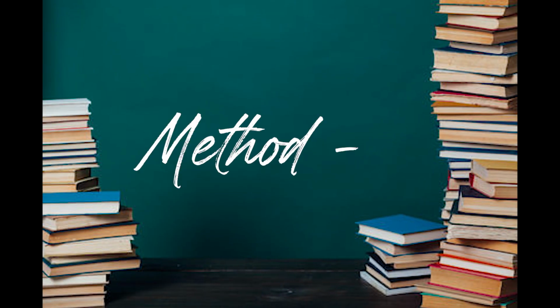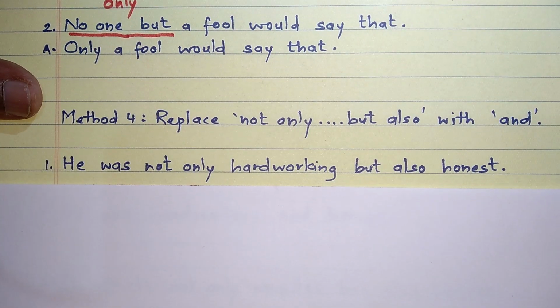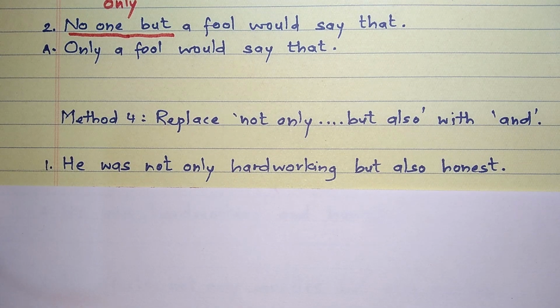Next, we take the fourth method, that is replace not only but also with and. Not only but also is a negative word, but it does the work of and. So we will replace not only but also with and our answer becomes an affirmative sentence. Let's do some examples. He was not only hardworking but also honest.